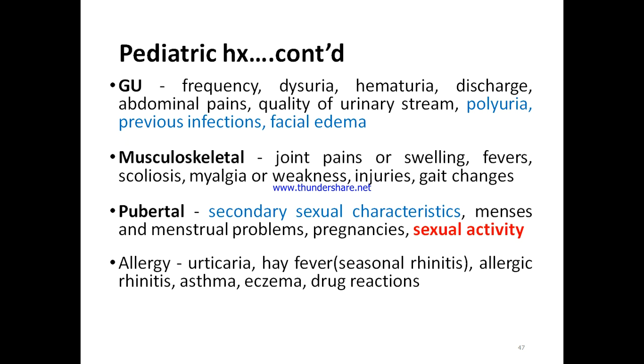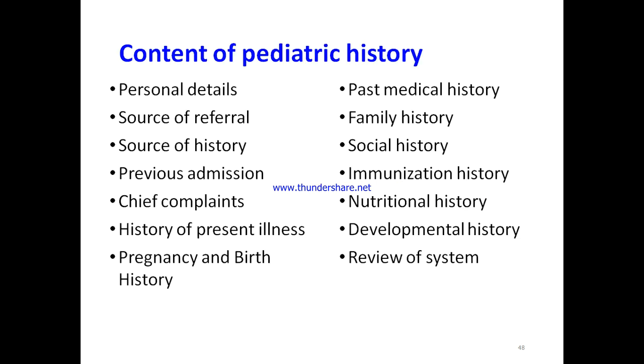Pubertal stage: especially assess secondary sexual characteristics, menses or menstrual problems, pregnancy or sexual activity of both males and females. Allergy: urticaria, hay fever, allergic rhinitis, asthma, drug reaction, which is a good part for assessing pediatric history.